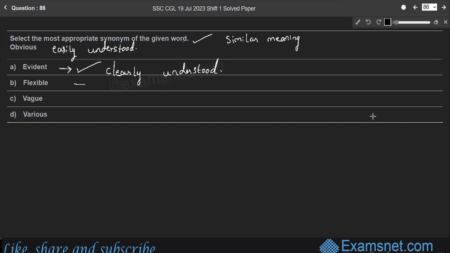Flexible means capable of bending easily without breaking. The rubber is a flexible substance, for example. Vague means uncertain, indefinite or unclear. Various means different from one another. So option A gives a similar meaning of the given word obvious.